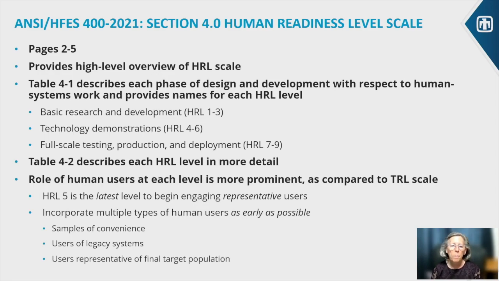But we also use many other types of users, not necessarily representative. So samples of convenience, users of legacy systems. We will use users representative of the final target population. A lot of times, depending on where you work, you might use coworkers, you might use students to start getting some information. But by HRL 5, you need to be using representative users.